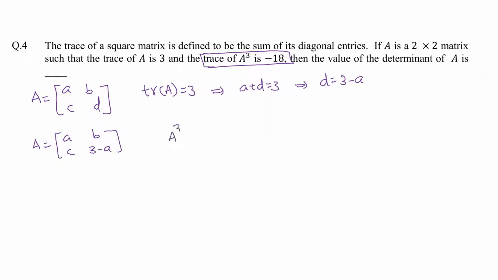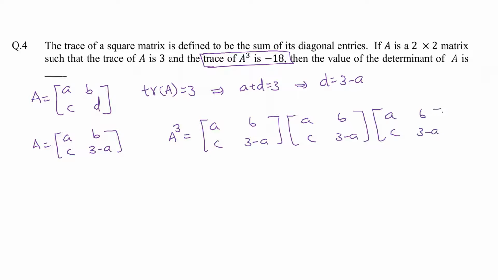So if I go for A cube, we have to multiply the same matrix 3 times, that is A, B, C, 3 minus A, times A, B, C, 3 minus A, and A, B, C, 3 minus A. So if I do this full multiplication, the first element of this matrix will be A cube plus ABC plus 3BC, right?